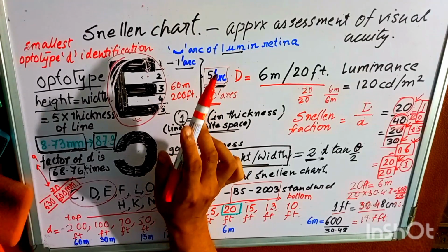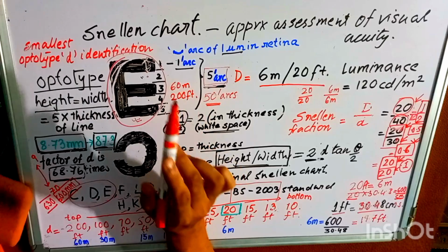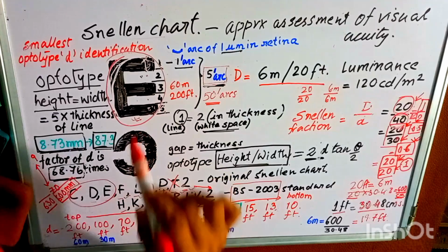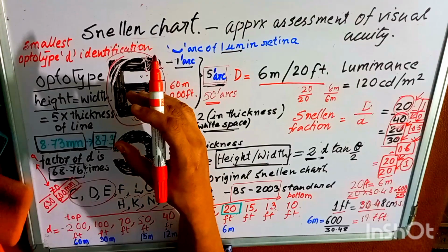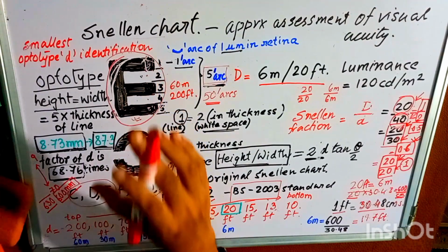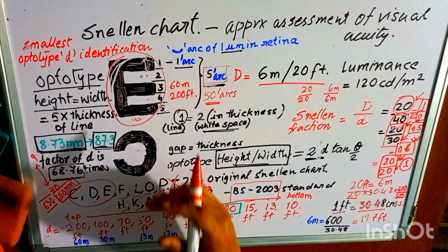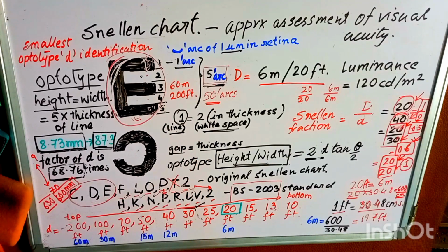And there comes the question of visual acuity, which we measure by Snellen's chart, which has these optotypes arranged with the largest one at the top and the smaller optotypes coming below, and we read up to a certain line. When we can't go beyond that line, we say that we have read this optotype line, and this optotype line is a particular feet away optotype line. Say it's a 40 feet away optotype line or a 30 feet away optotype line.